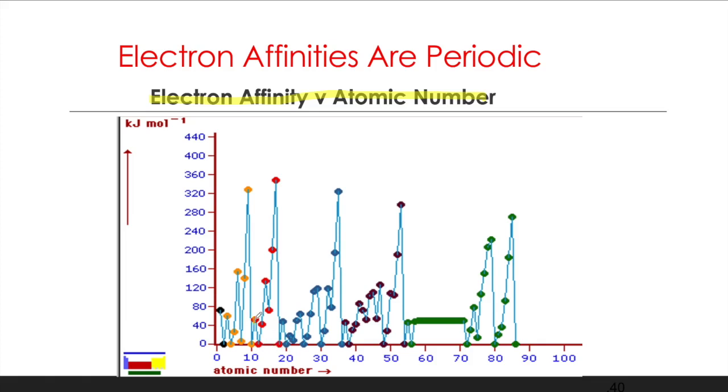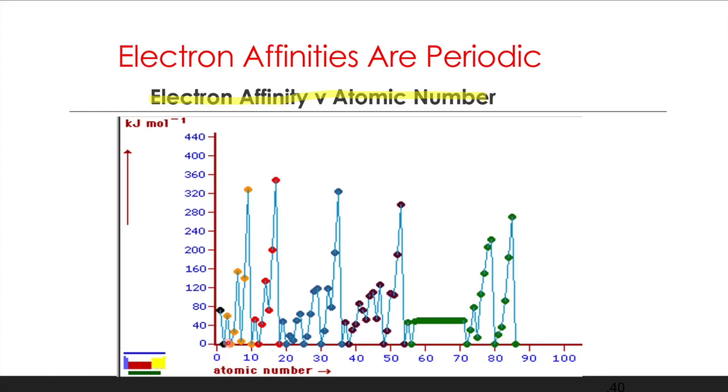So this here is sodium, magnesium, aluminium, silicon, phosphorus, sulfur, chlorine, and it comes all the way back to argon. What we notice is that as we're going from sodium to chlorine, the electron affinity is increasing, and chlorine has the highest electron affinity in its period.